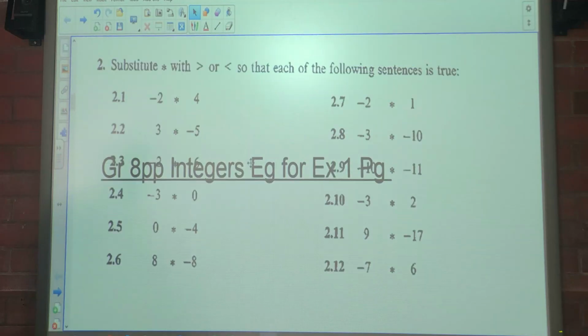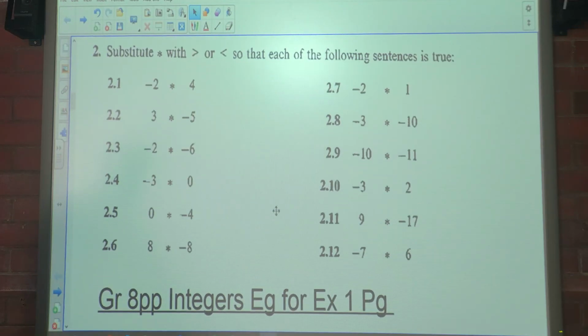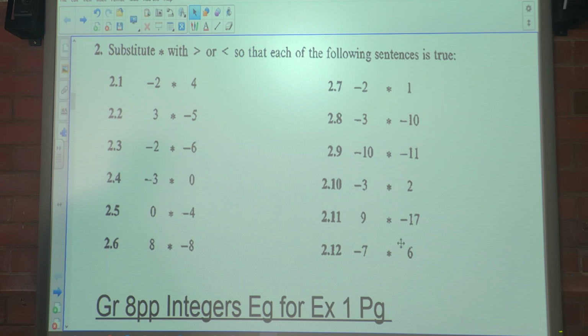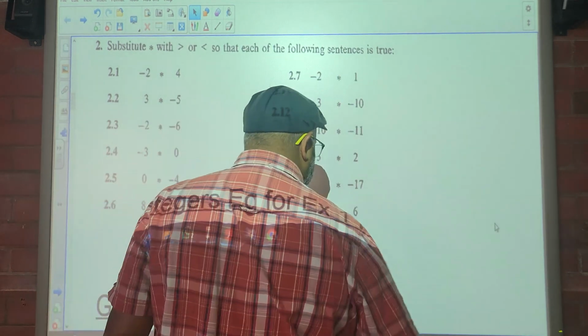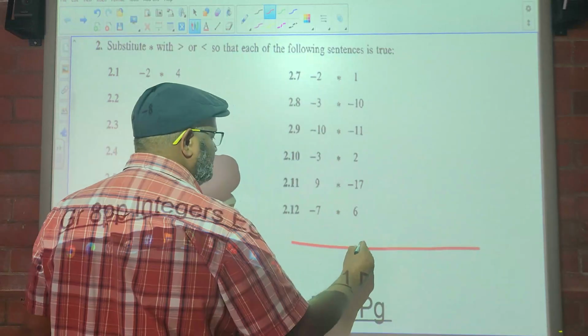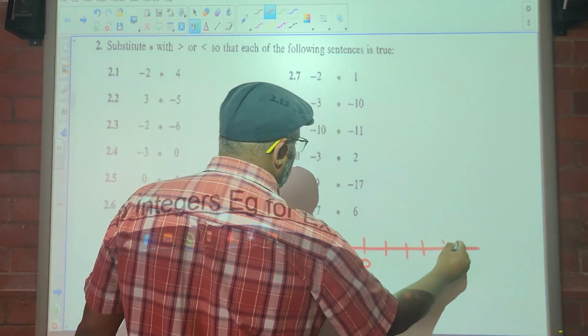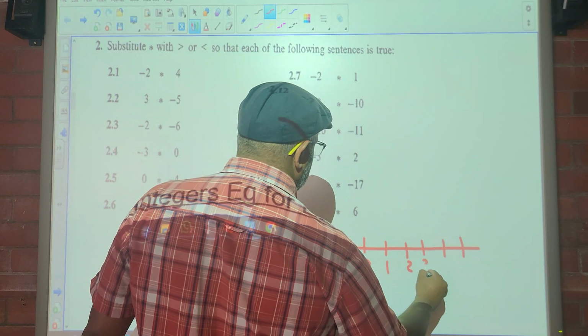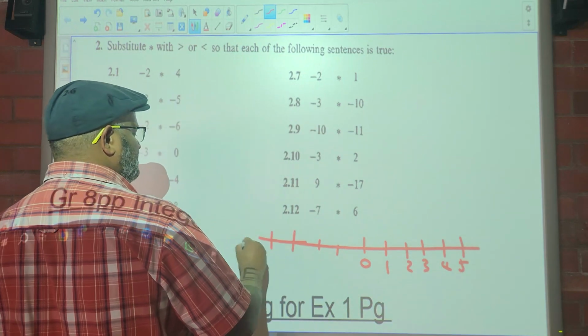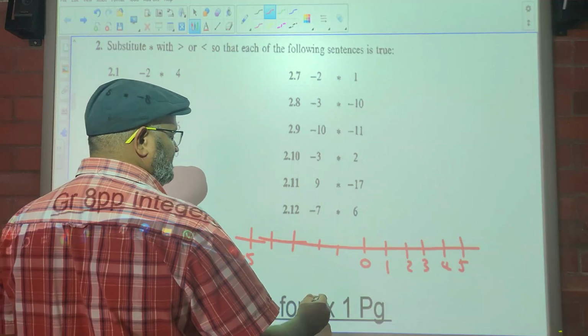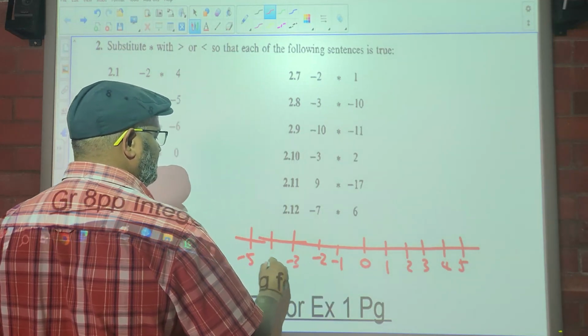Then you guys have to fill in the more than and less than. And the question was asked with regards to this here. So we know, just drawing a number line again, that's 0, 1, 2, 3, 4, 5, and minus 1, minus 2, minus 5.